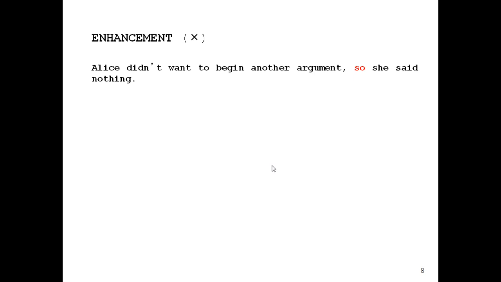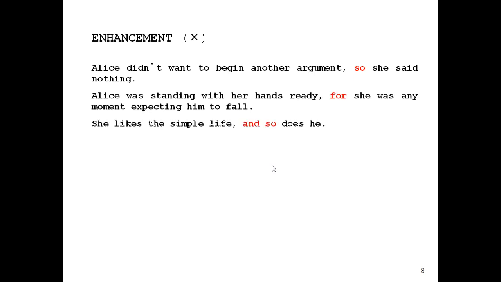Okay? Right, so let's see the third type of expansion then, which is represented by a multiplication sign, enhancement. Okay, let's see some examples.